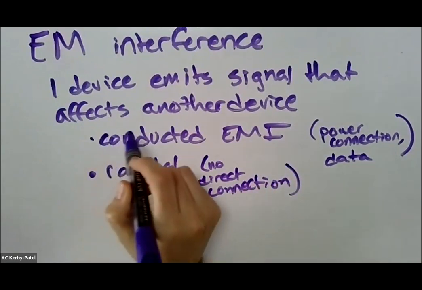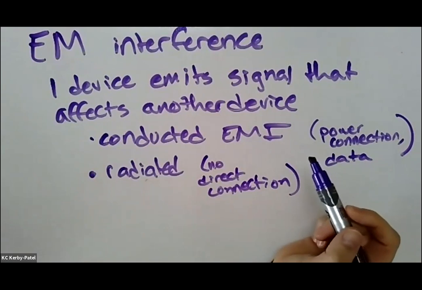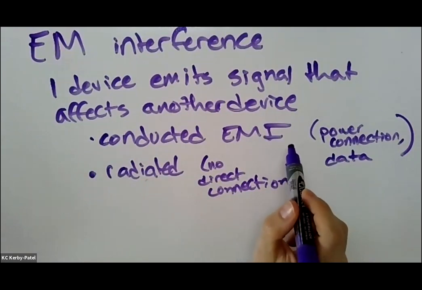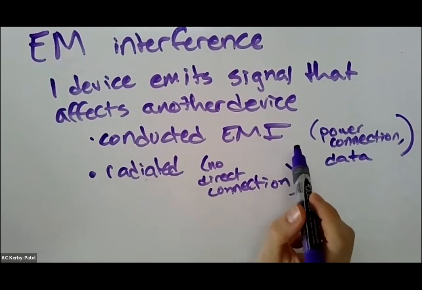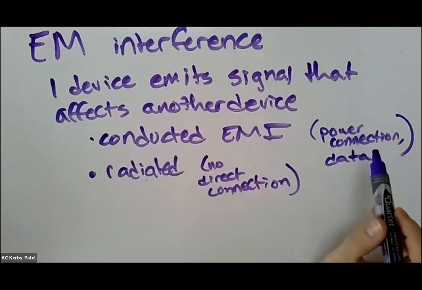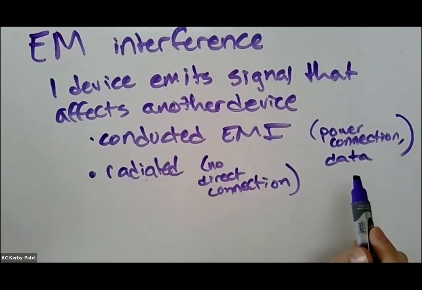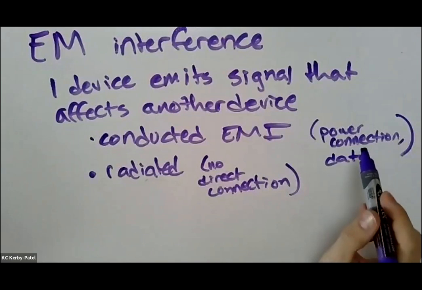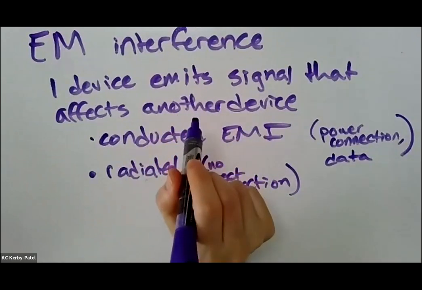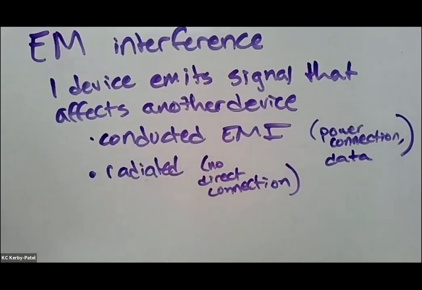The difference between conducted EMI and something that is not EMI is that this is an undesired signal. Somehow, some signal from device number 1 gets into this data cable or gets into this power connection that is not supposed to be there. And then that makes it into device number 2 and is also not supposed to be in device number 2. And that's the difference between just physically connecting device number 1 to device number 2 through the data cable so they talk to each other. That's fine. That's not EMI.